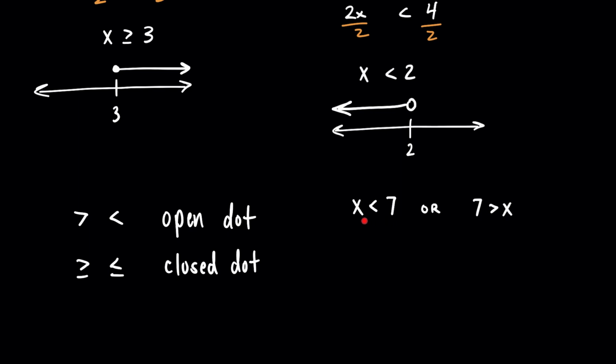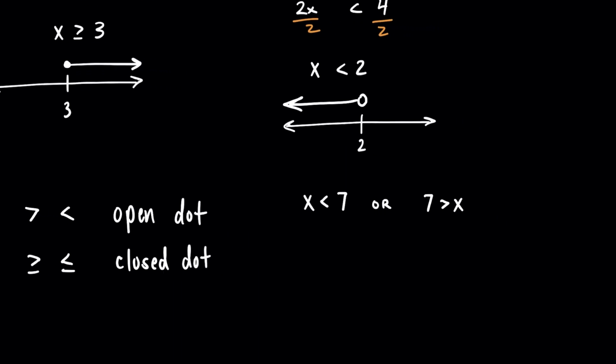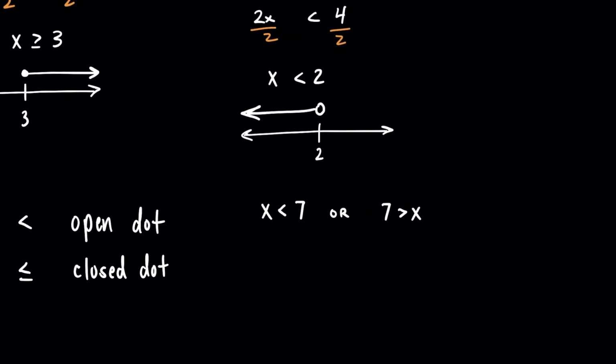This is saying x is less than 7. This is saying 7 is greater than x, which is actually literally saying the same thing. X is less than 7. If you get a scenario like this, then you're going to shade left. Because what we're saying is we want all of the numbers that happen to be less than 7. X is less than 7.